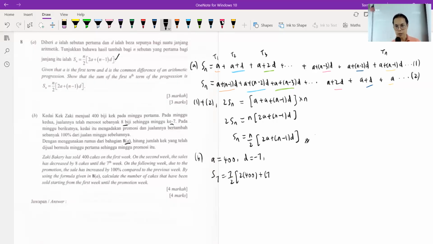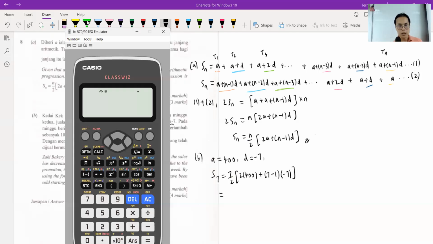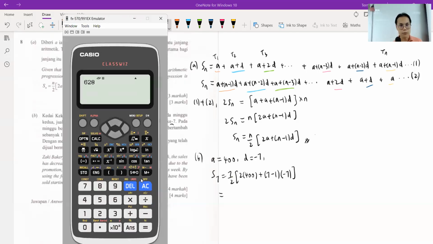Use your calculator. This is 7 over 2, you can write 3.5. 3.5 bracket 2 times 400 is 800. Then you add 6 times d.